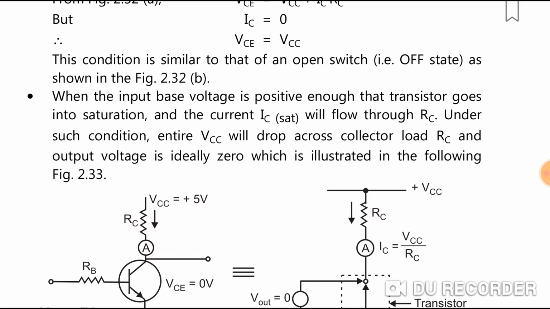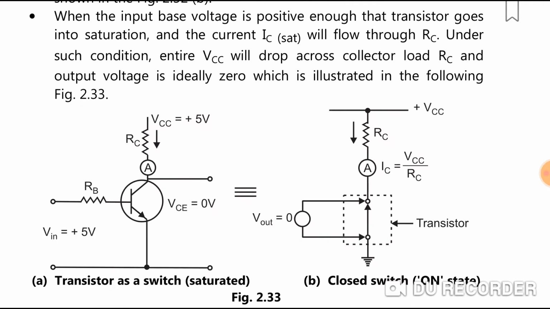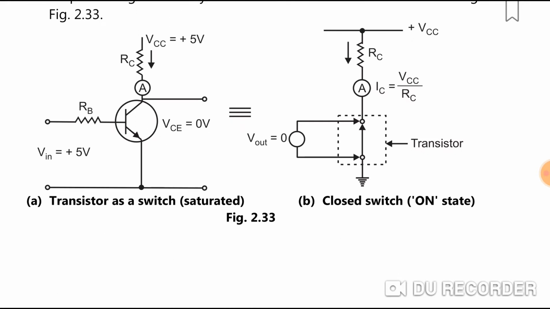When the input base voltage is positive enough, the transistor goes into saturation and the current IC sat will flow through RC. Under such condition, the entire VCC will drop across the collector load RC and the output voltage is ideally 0, which is illustrated in the following figure. So this is the transistor as a switch, saturated region. This is a closed switch, the on switch.